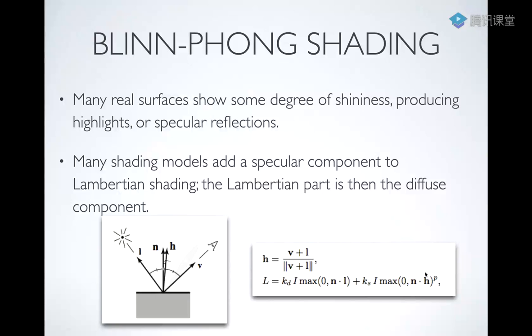We take the max of 0 and this cosine value. Since it is specular, the light drops greatly, so there is a power function here. We have the light source here, which means the light intensity, and a coefficient to represent the specular part. Usually this is 1 in most situations.